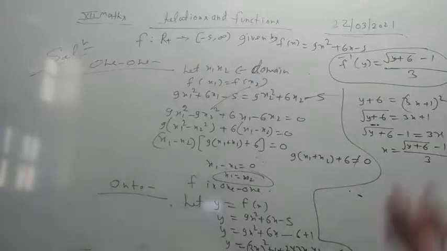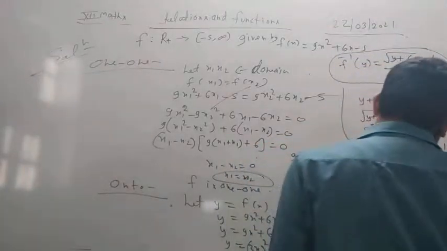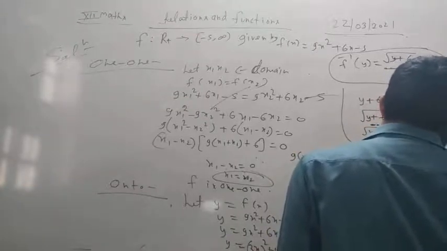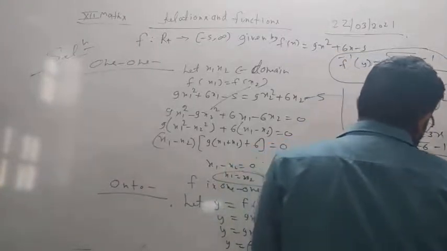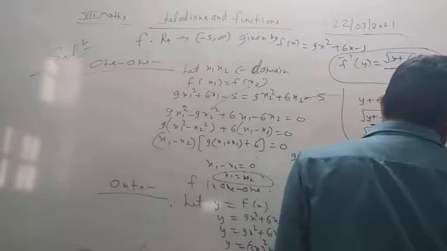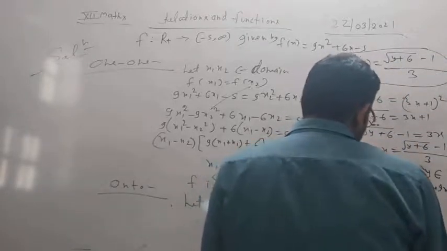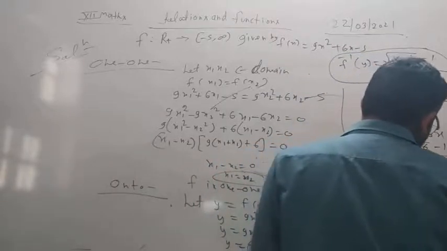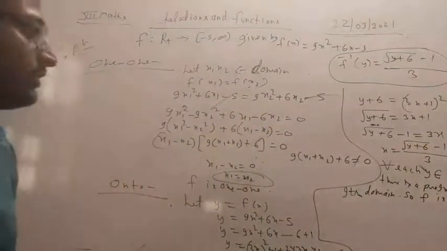Okay, so we write for each y belonging to the codomain, there is a preimage in its domain, so the function is onto. So we can see that this function is an onto function.